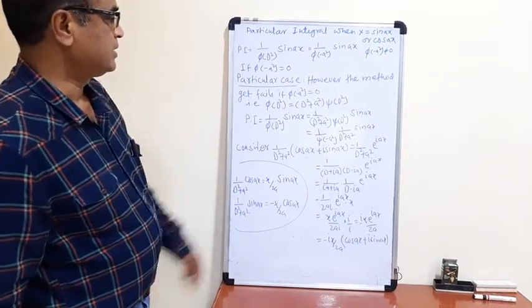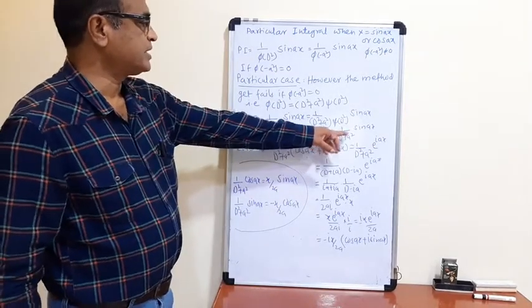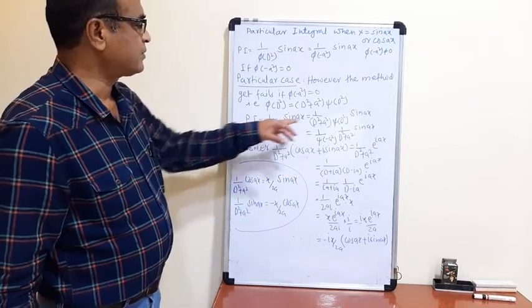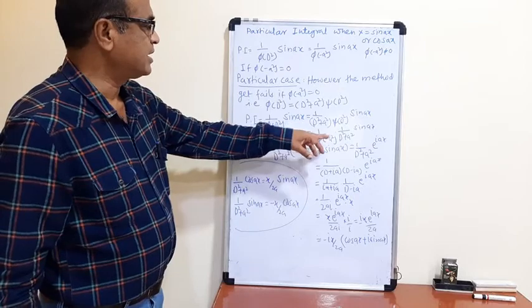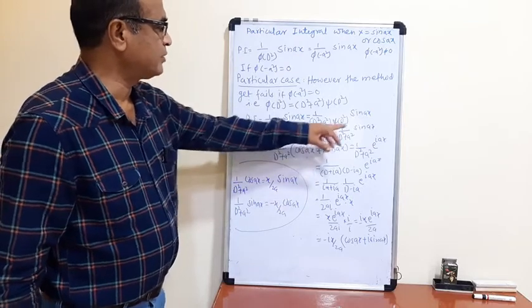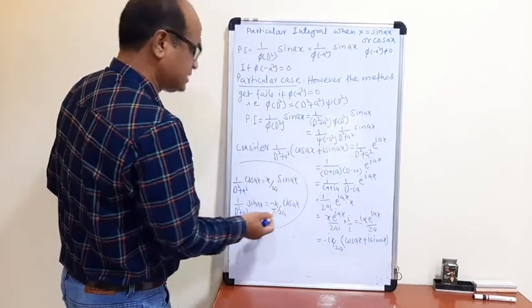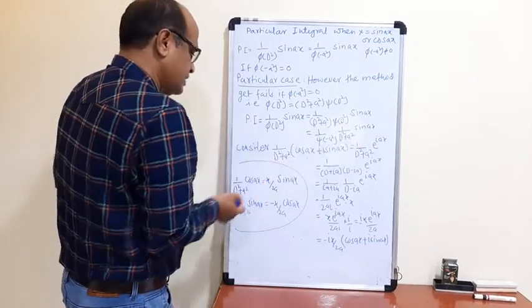So here just see 1 upon d square plus a square. We find the particular integral 1 upon phi of d square. So this is this, putting d square is equal to minus a square. And if there is cos x, then we get this.